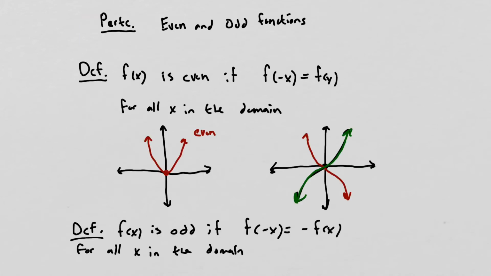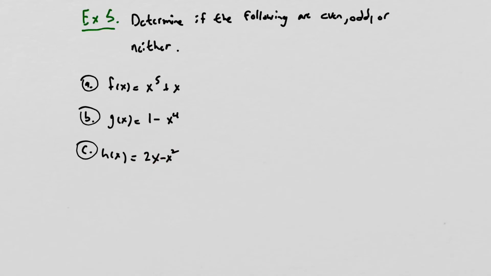Before we show the solution to this example, let me go back one page and just make a quick note. Notice in this definition that in both cases, we have f composed with negative x. In one case, we have f of x, and in the other case, we have negative f of x. And what we can notice is that a function is either even or odd, but it's not both. So what does this remark tell us about this particular problem?